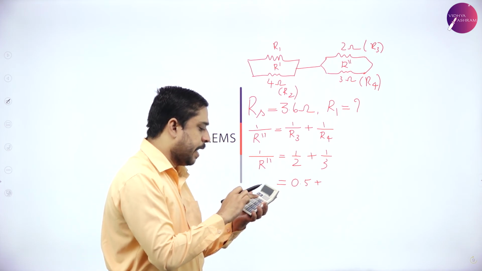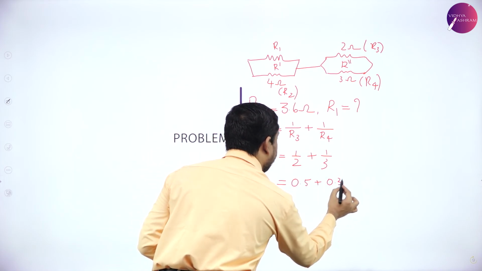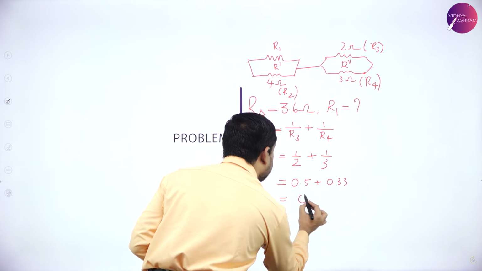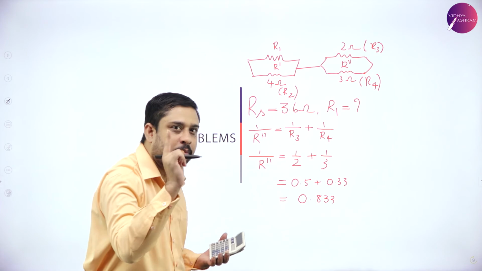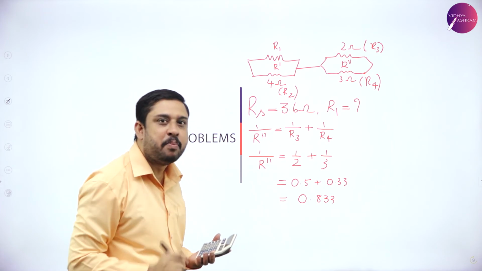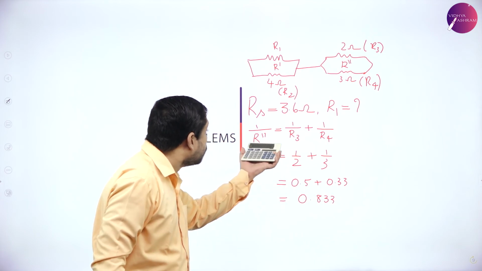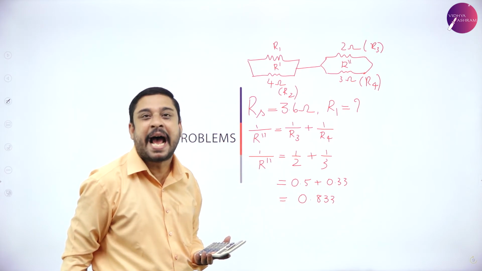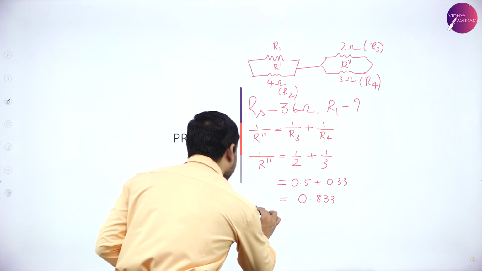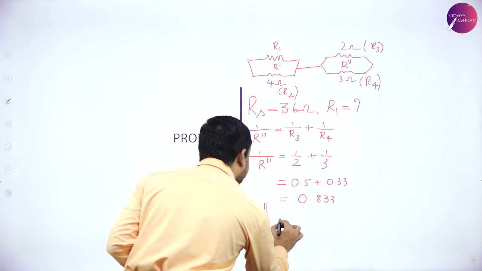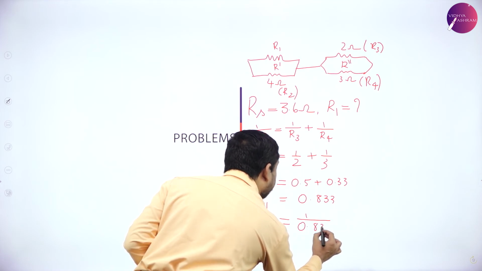So 1 by 2 is half plus, don't take risk, use your calculators. We know 1 divided by 3 is 0.33. So when you add, you get 0.833. Please note, some of you make a mistake here. 0.833 is 1 by R double dash, but I want only R double dash. So R double dash is 1 divided by 0.833.